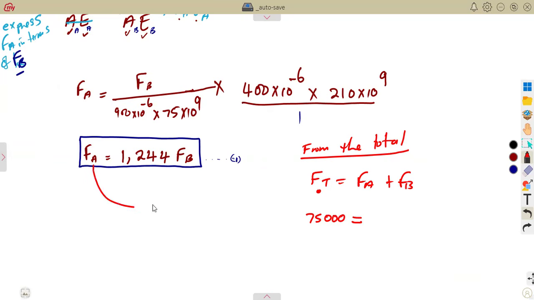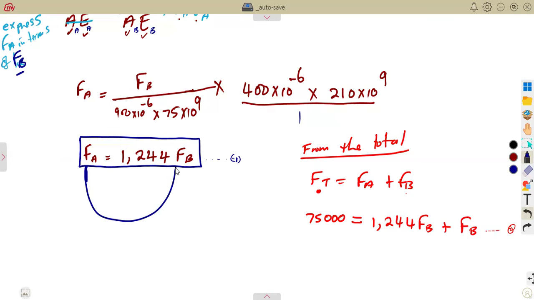Remember, FA is now written in terms of FB, so it will be 1,244 FB plus FB. There is no substitute for FB. So it is an equation that you have made. We just take this equation 1 in place of FA.